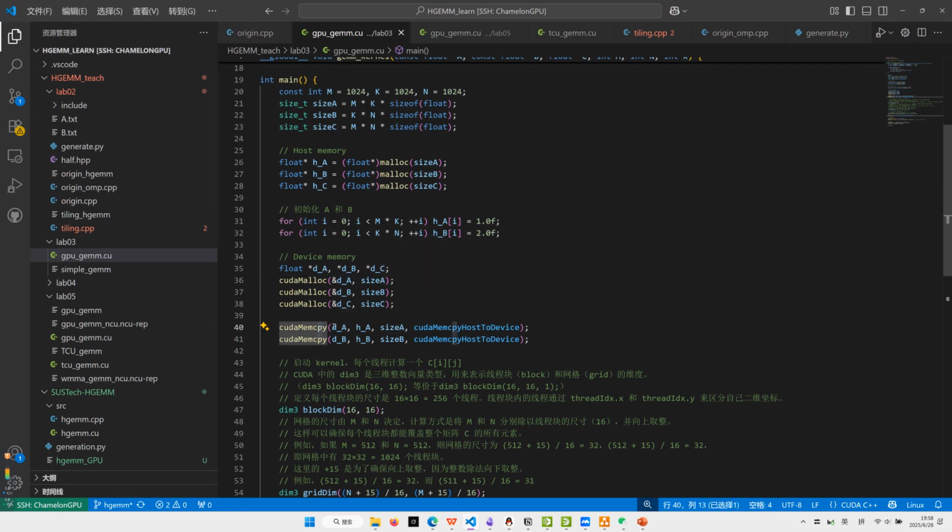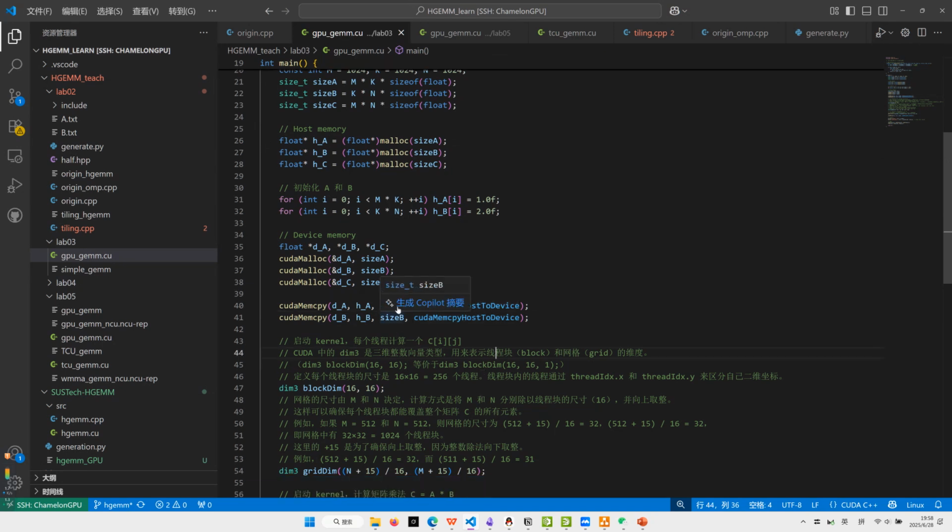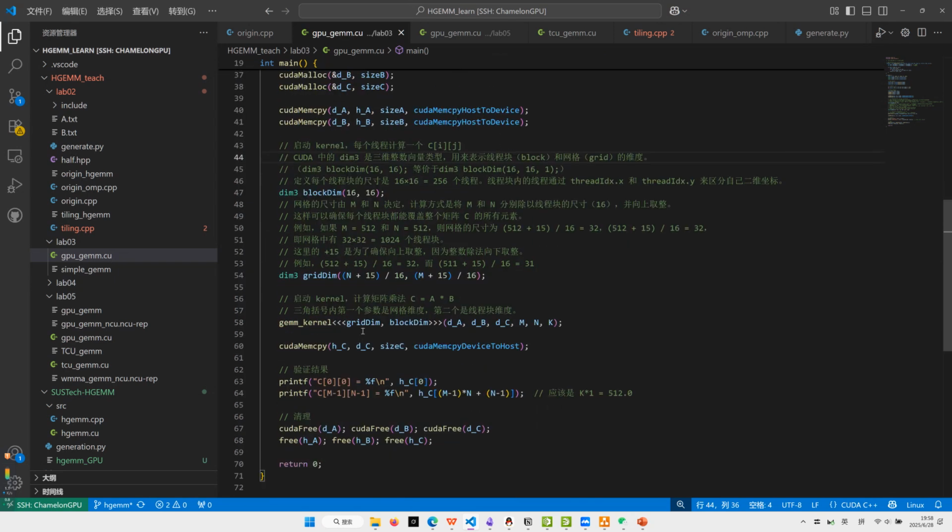And cudaMemcpy is the API that you can use to copy the host data to the GPU, using cudaMemcpyHostToDevice. And then after copying A and B, you can begin to do the computation.